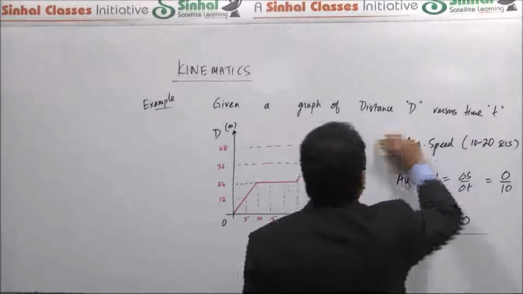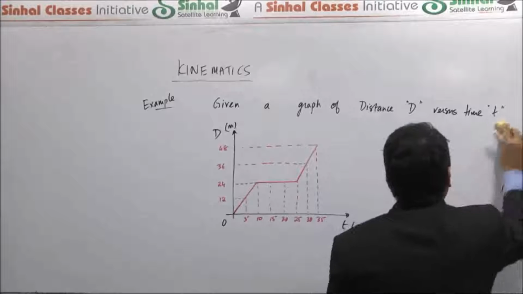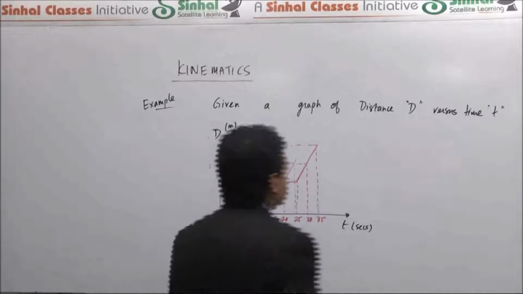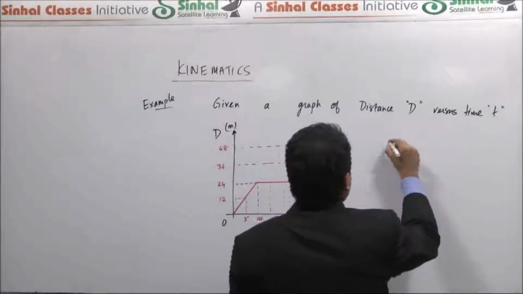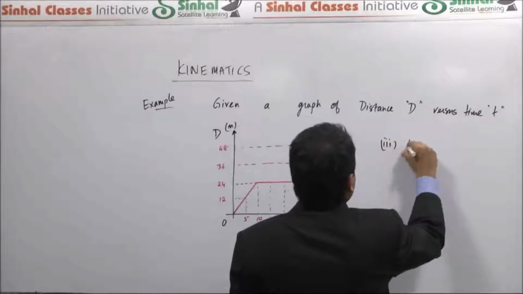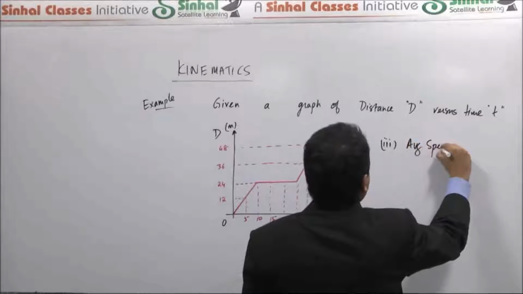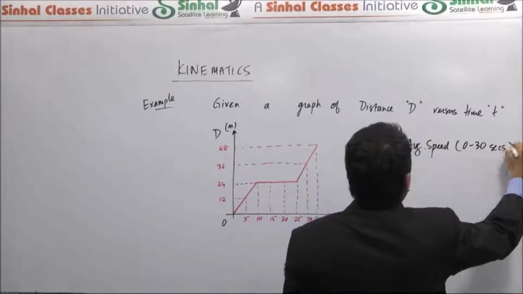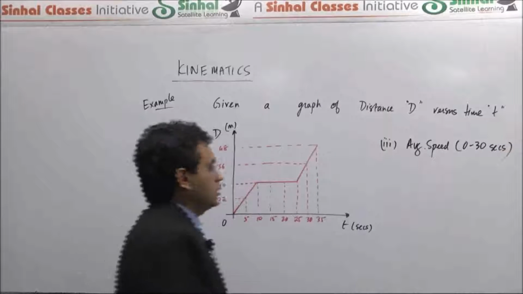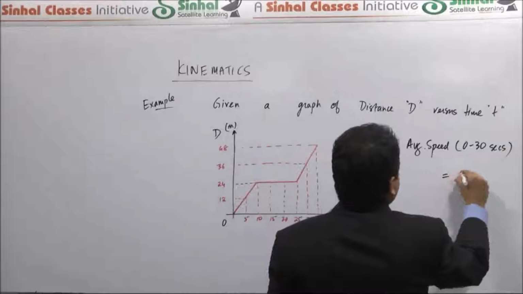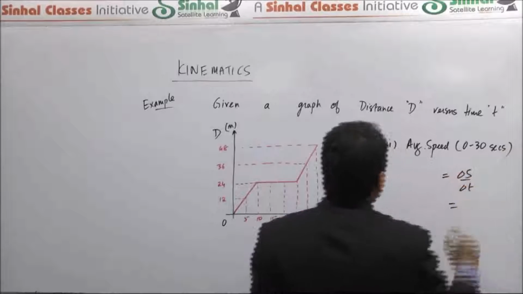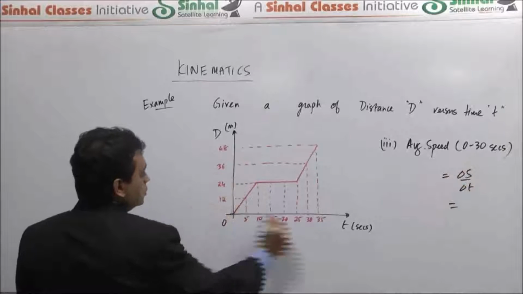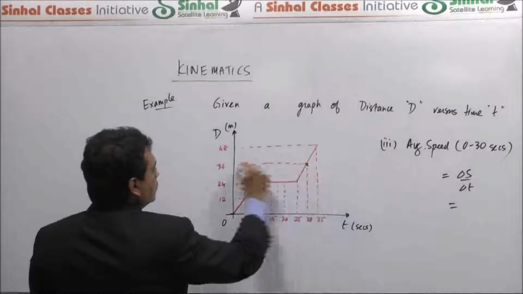Right. Next, let us look at the average speed from 0 to 30 seconds, right? That was the next part. So 0 to 30 seconds is going from here to this point.